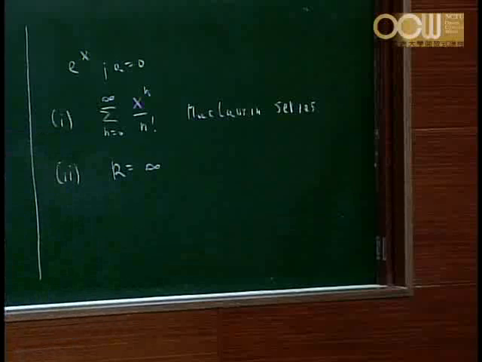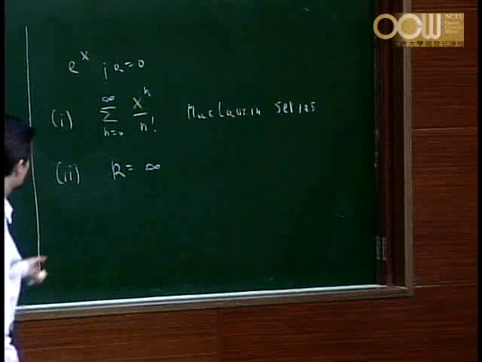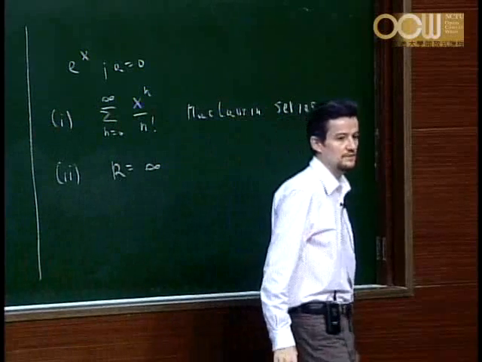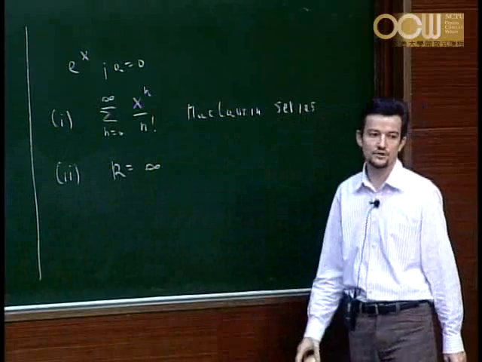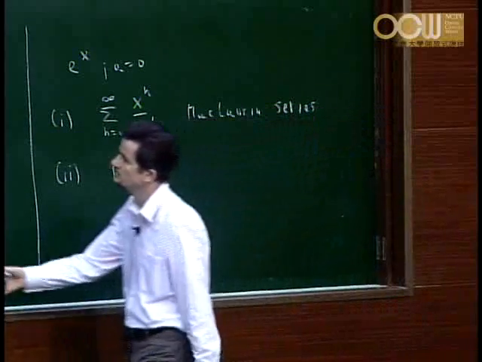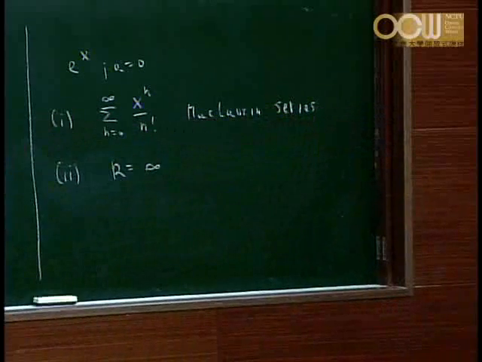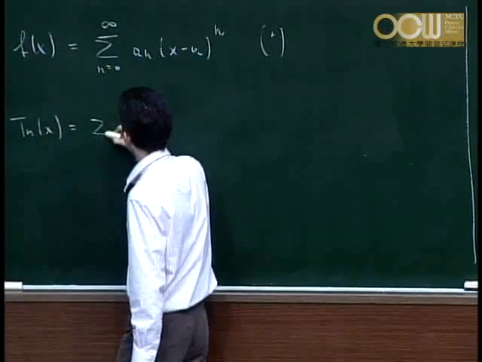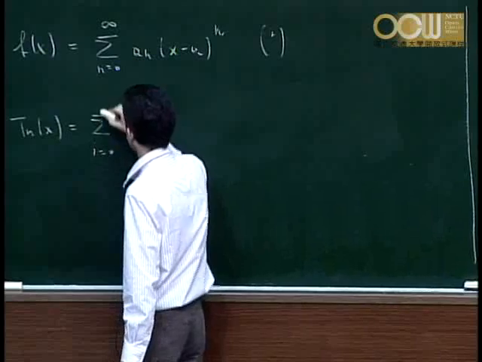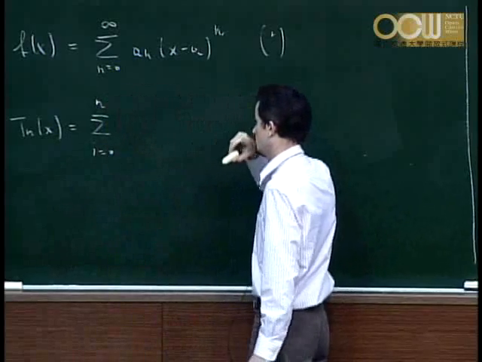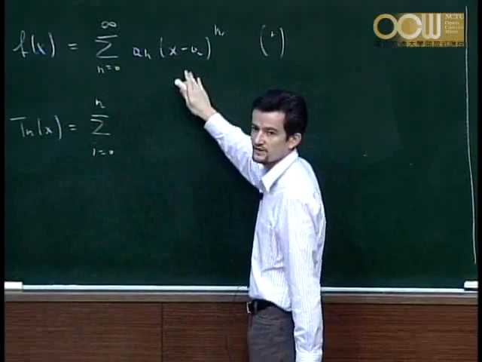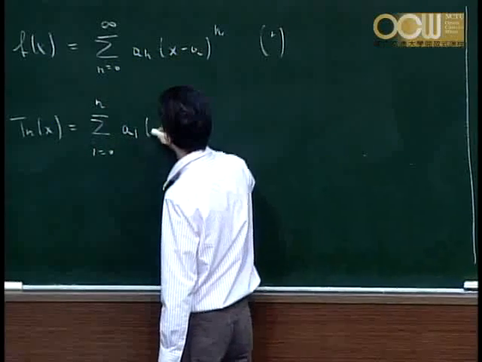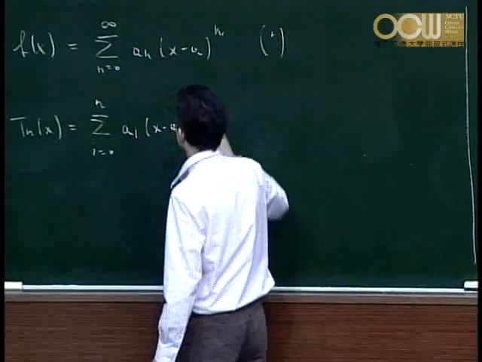Now, last time I showed you already, in order to prove the third step here, we have to look at the error. We define a polynomial, which we called last time the nth Taylor polynomial, where we just take the first n plus 1 terms of this series and add them up, the sum of a_i times (x minus a) to the i.